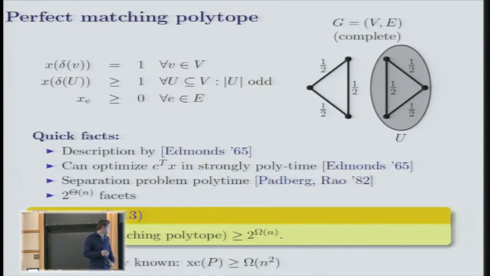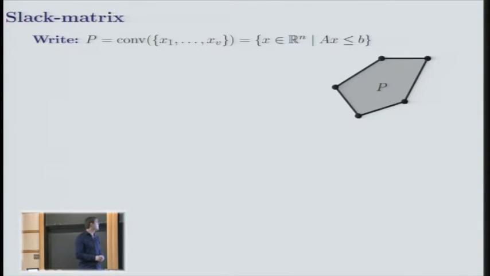But before I go more into the details, let me talk a little bit about the background of extension complexity, and there are a couple of insights and theorems that we need. The first thing that I want to discuss is the so-called slack matrix. Now imagine that you have a polytope, and on one side you have the polytope as the convex hull of some points. So this is the vertex description, and on the other side you have the description as linear inequalities.